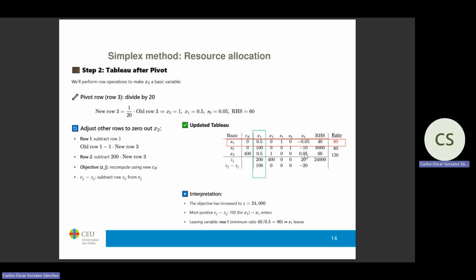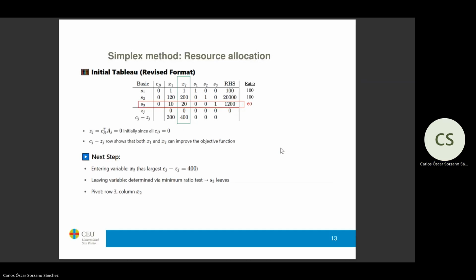And this is the new row. And this is CB, that is the coefficient associated to x2 in the goal function. And then with this row, we have to make the other rows in the same column 0. So we find the appropriate operations. So the operations would be this row minus 200 times the new one here, and this row minus this one.